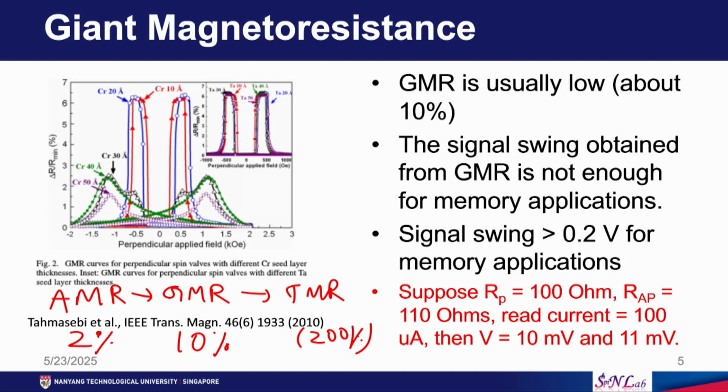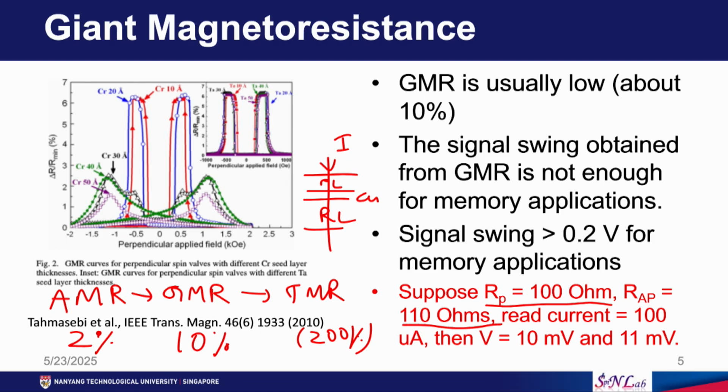So, when you send a current through a GMR device, let us say you have a free layer, copper, and some reference layer, you send a current to read the two resistance states of the GMR device. Let us suppose the parallel configuration gives 100 ohms and the anti-parallel configuration gives 110 ohms.